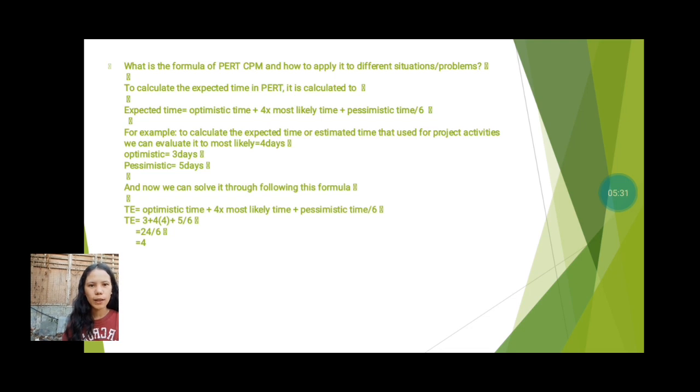TE, or time expected, is equal to optimistic time plus 4 times most likely time plus pessimistic time, and divide by 6. TE is equal to 3 plus 4 times 4 plus 5, divided by 6. So, the result is 4.